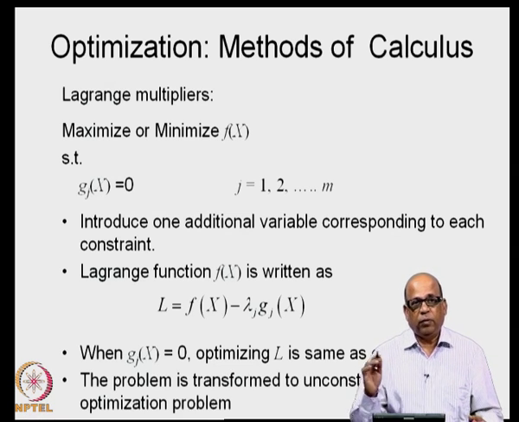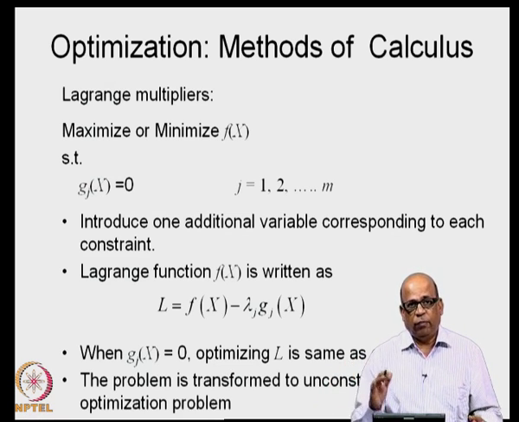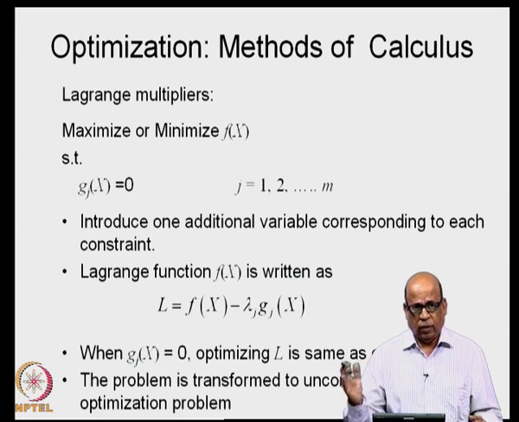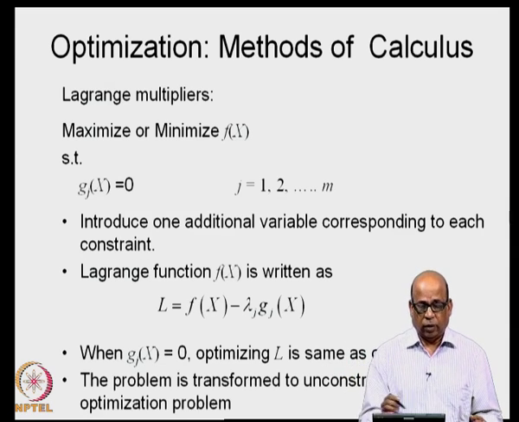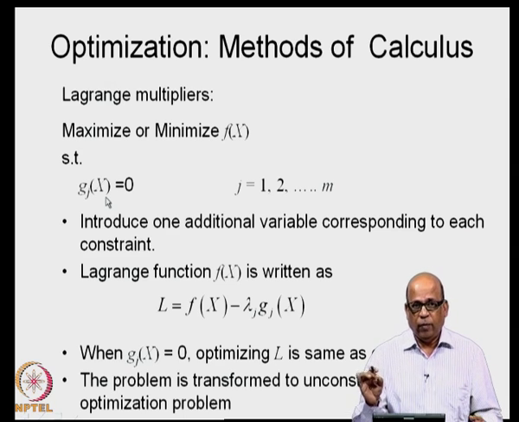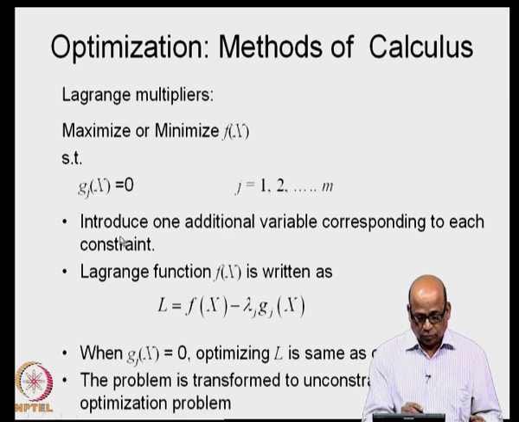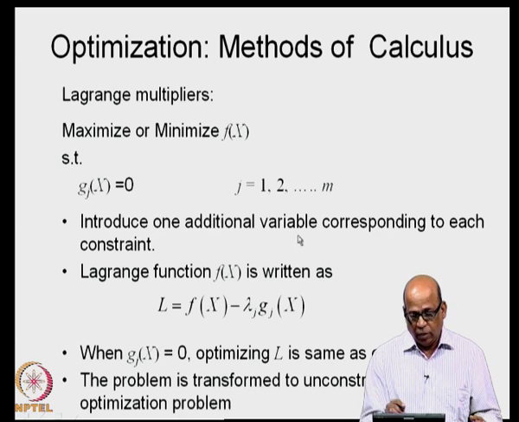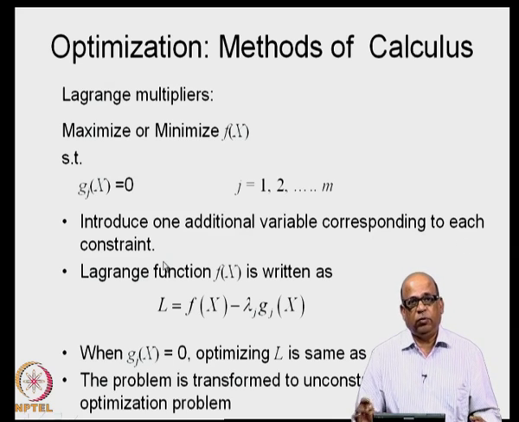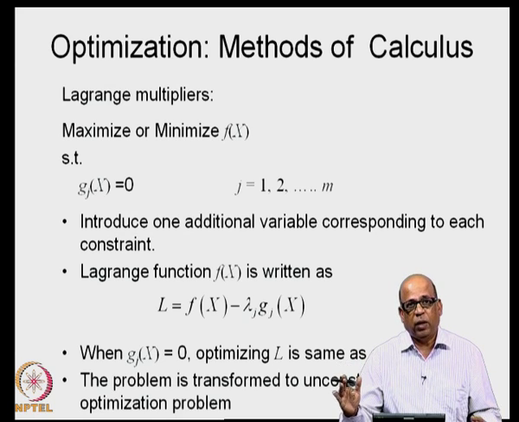So, g1 of x has lambda 1, g2 of x has lambda 2, g3 of x has lambda 3, etc. Associated with each of the equality constraints, we have a Lagrange multiplier. So, we introduce one additional variable lambda j corresponding to each constraint j, which is gj of x is equal to 0 as our constraint.